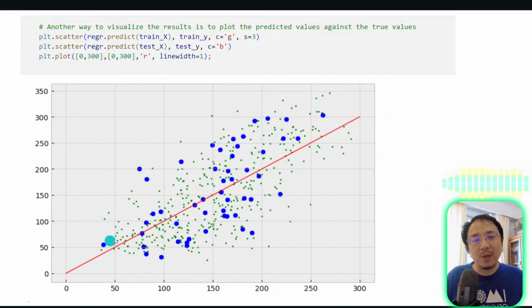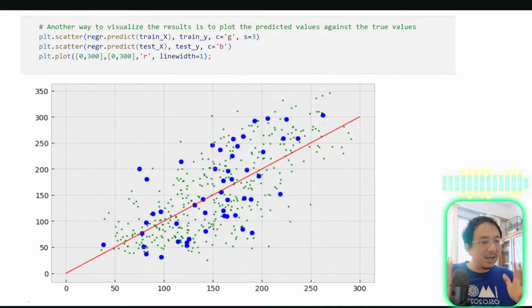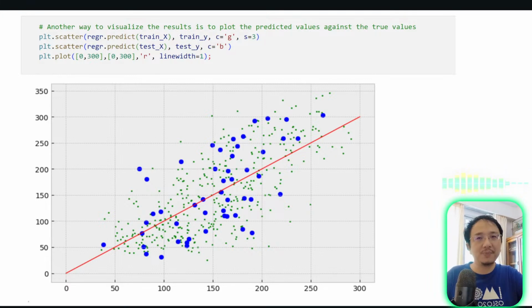From this graph, we can see that our prediction is pretty okay. The model is kind of weak, so even for the training data, they didn't perform that well. But by comparing the performance on training data and test data, they are similar.